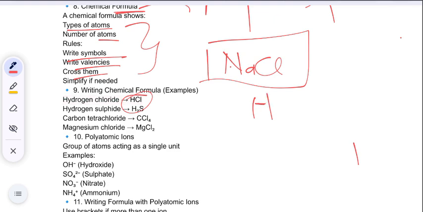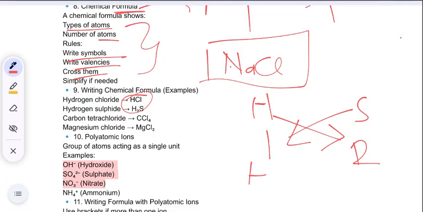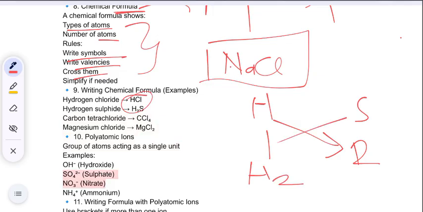Hydrogen's valency is 1 and sulfur's valency is 2. Cross them: H2S. See how it happened: this one goes there, so H becomes H2, and S comes here, and the formula is formed.